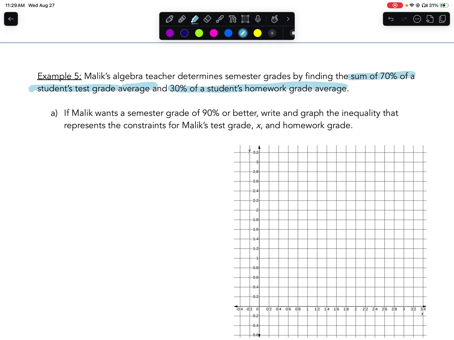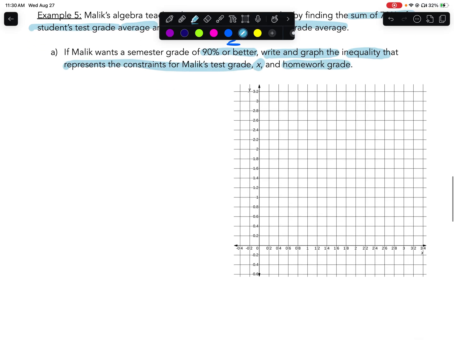If Malik wants a semester grade of 90% or better, that means it's got to be greater than or equal to 90%. We're going to write and graph the inequality that represents the constraints of Malik's test grade. So test grade is going to be X and the homework grade.